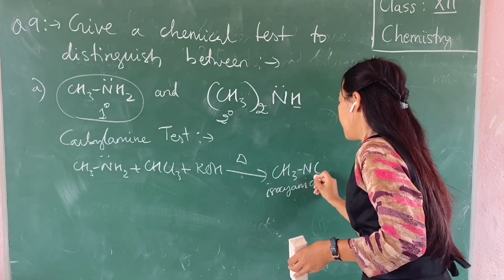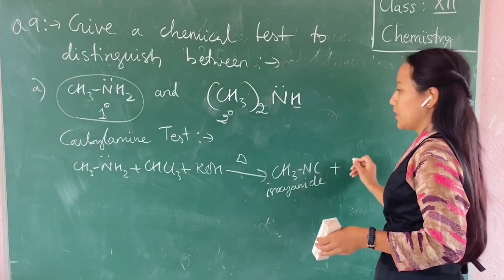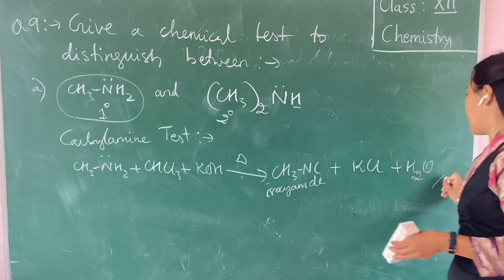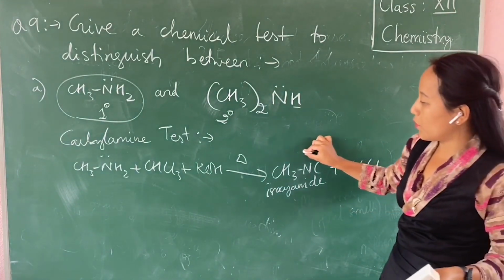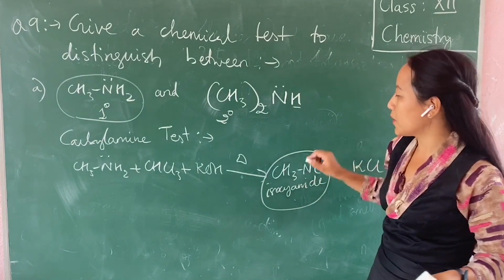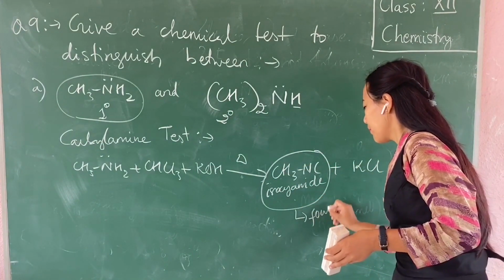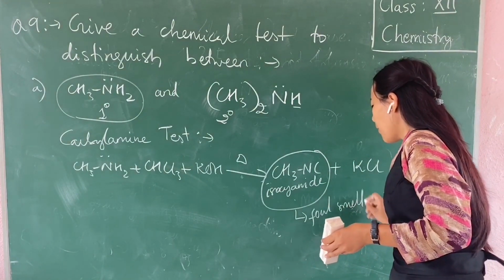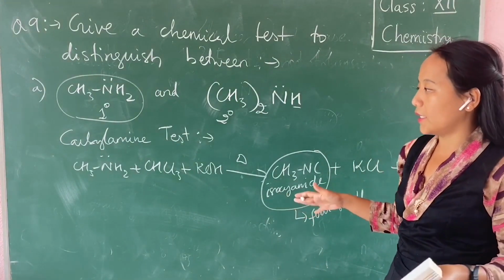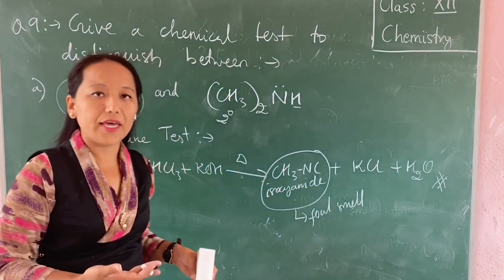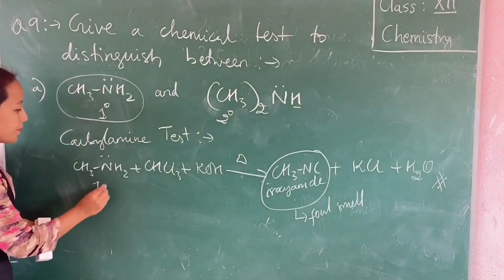In this case, methyl isocyanide plus KCl and H2O is released in the form of byproduct. So because of the formation of the isocyanide compound, that is methyl isocyanide, it has a foul smell, and from the smell of the product, it is indicated that the reactant amine compound we have taken is a primary amine.